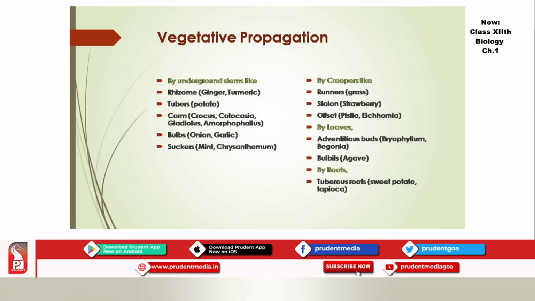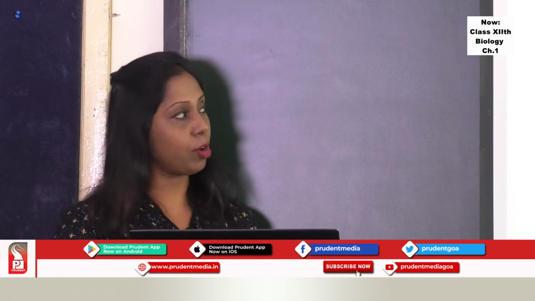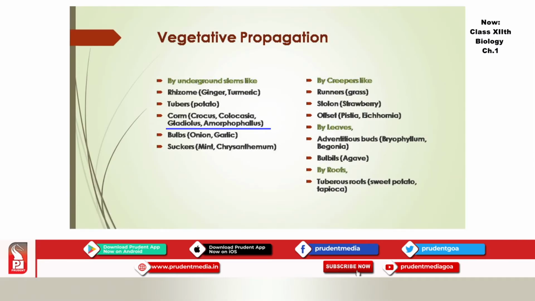You have parts of the stem which can behave as vegetative propagules and bring about vegetative propagation. You have rhizome, for example, ginger, turmeric. Tubers, for example, potato. Corm is another type of underground stem bringing about vegetative propagation, for example, crocus, colocasia, gladiolus, amorphophallus.